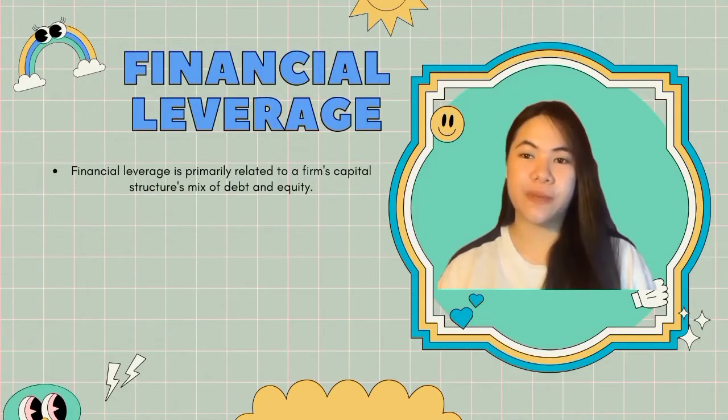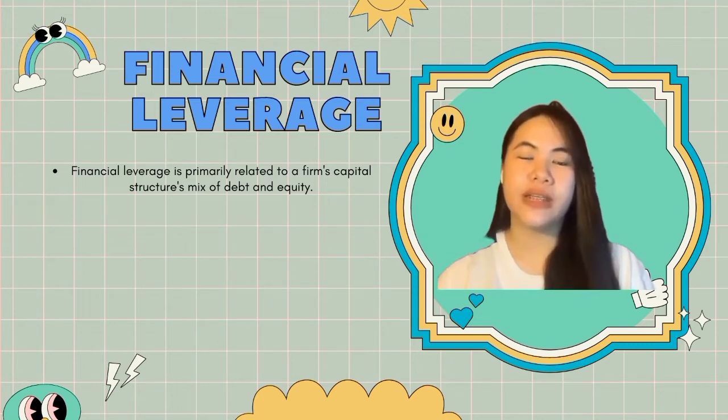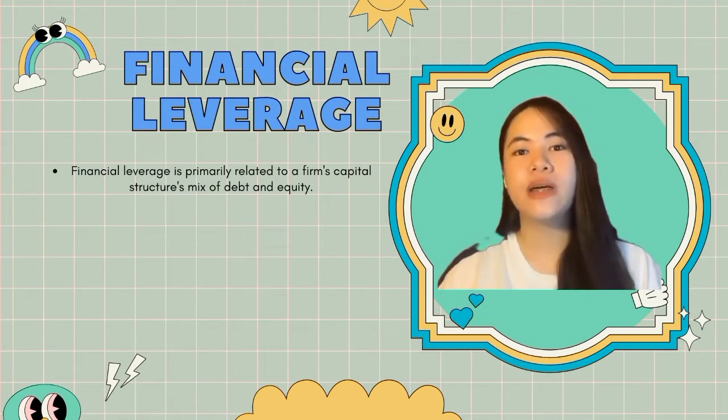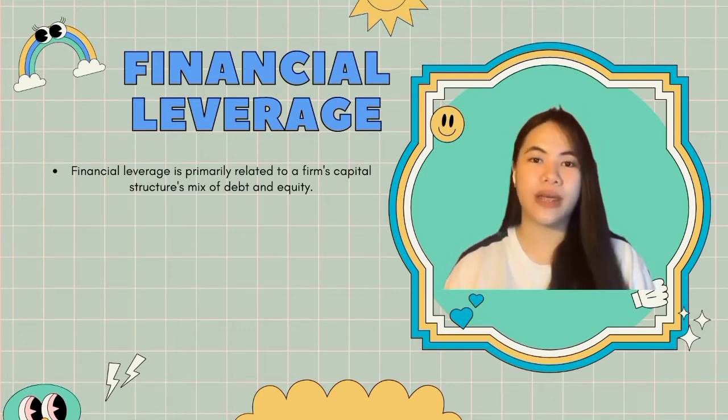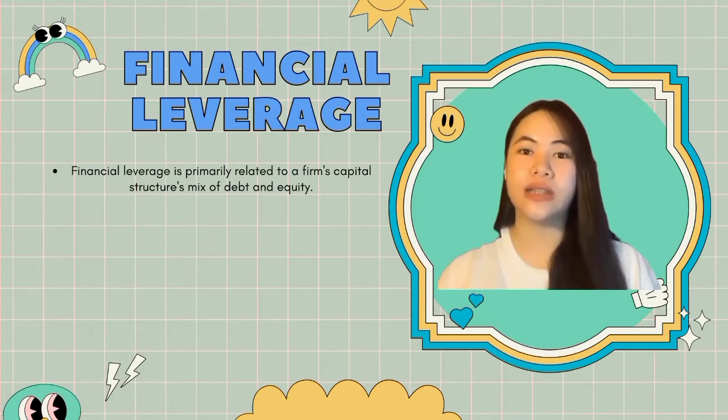Financial leverage is primarily related to a firm's capital structure, the mix of debt and equity. The presence of fixed financial charges in the firm's income streams causes financial leverage. A company needs financial capital to operate its business. For most companies, financial capital is raised by issuing debt securities and by selling common stock.